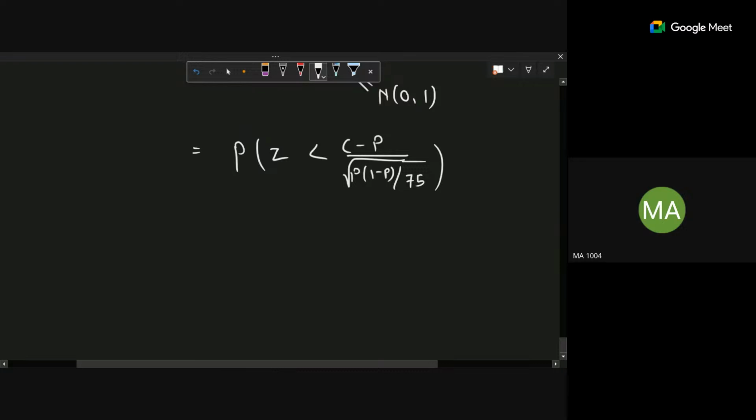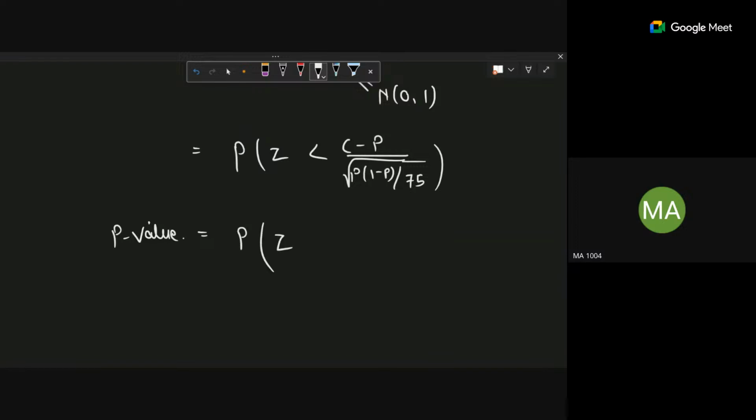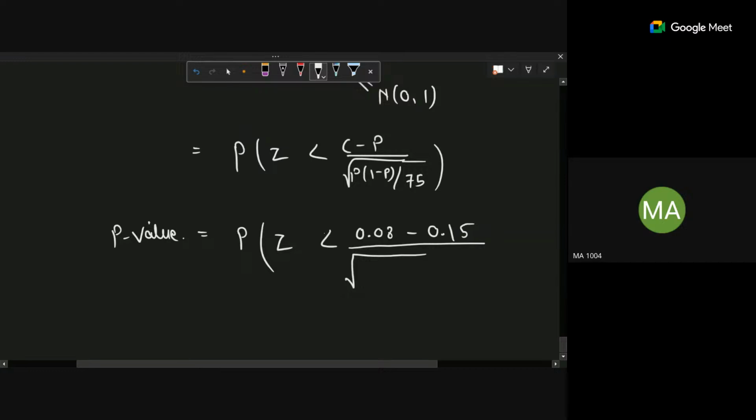Okay, so put all these values there, and p is 0.15. So this was your p value, right? We are calculating the p value here. What is the value of c? 0.08, right? We have calculated 6 upon 75, and p is what? 0.15. Why am I able to put 0.15 here, even though we are checking for the p value?